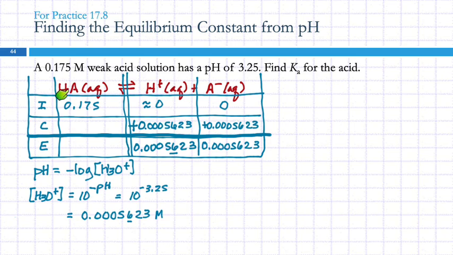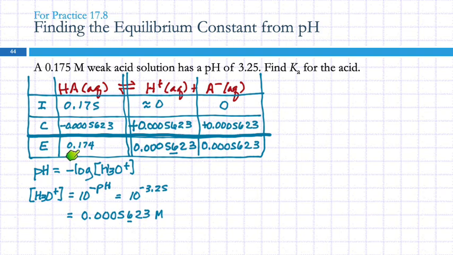So what happened to the HA concentration? It goes down by that amount. So 0.175 minus 0.0005623 is 0.17444.